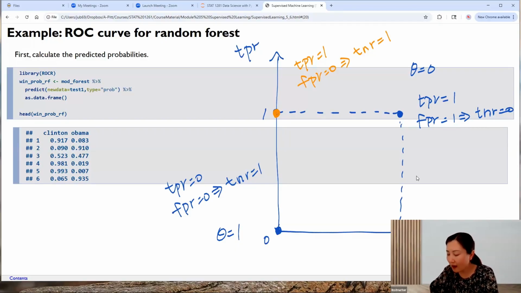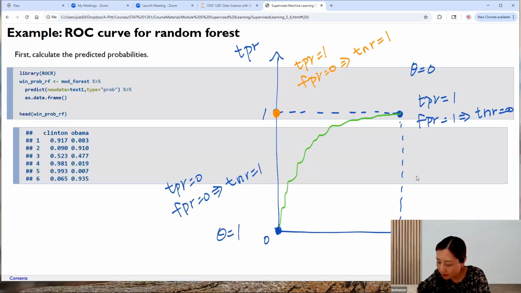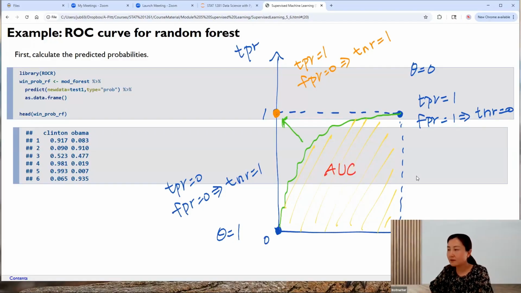So a typical ROC curve will look like this. And the closer the curve is to the ideal point, the better the model overall. Consequently, the larger the area under the curve, the better the model in general. This area is called AUC, area under the curve.